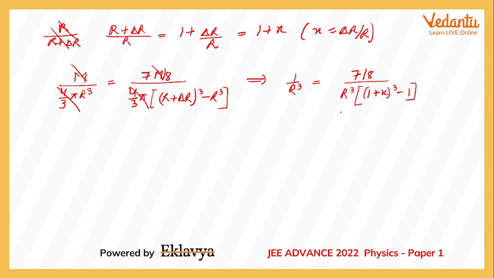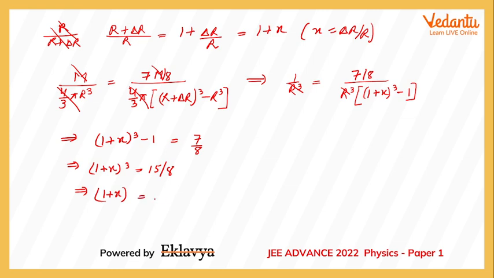So I can now cancel r cube also, so this will give me 1 plus x cube minus 1 is equal to 7 by 8. So this will become 1 plus x cube is equal to 15 by 8. I'm taking this one on the other side and I've done the calculation. So this gives me 1 plus x as 15 raised to power 1 by 3 upon 8 raised to power 1 by 3, which will become 2.